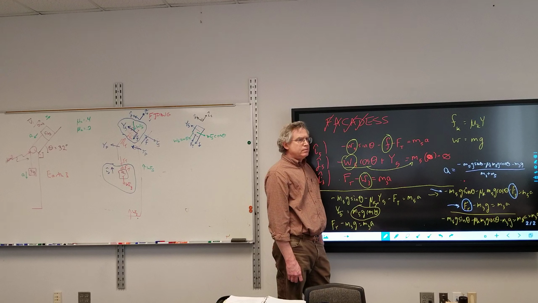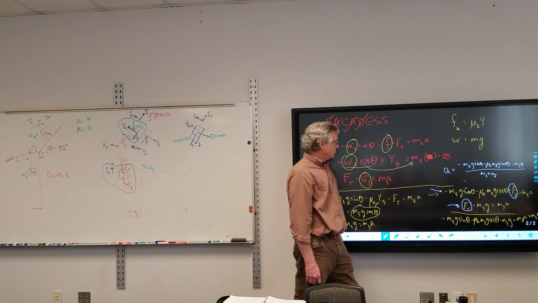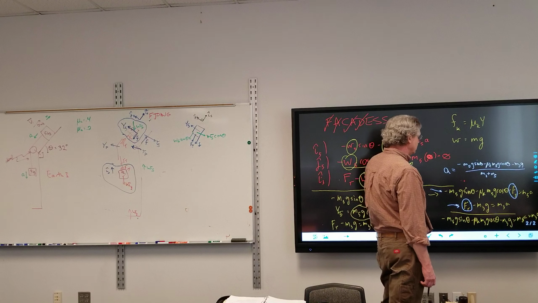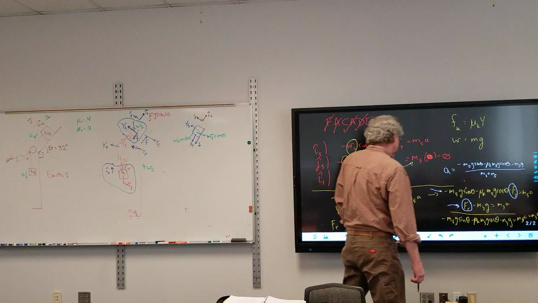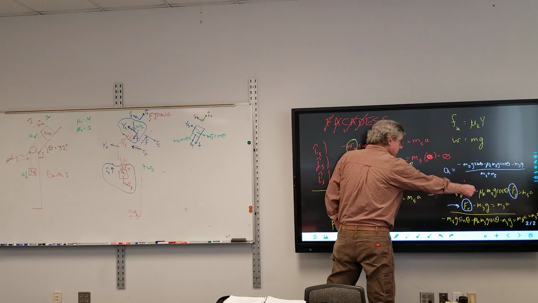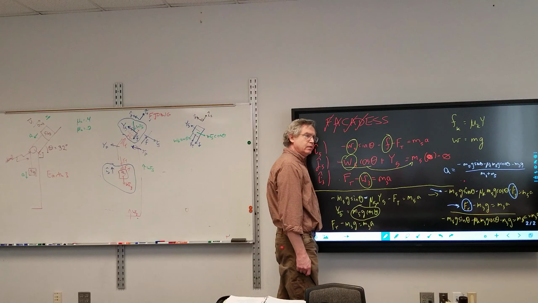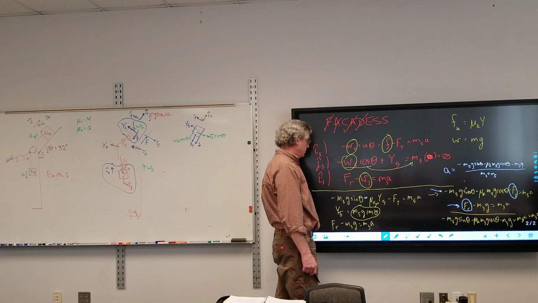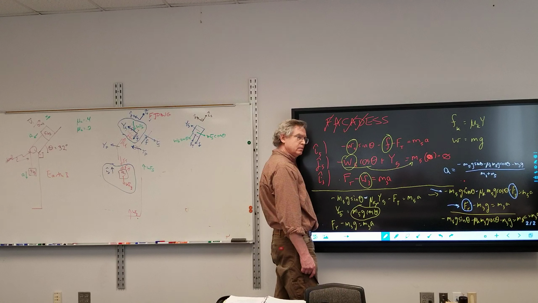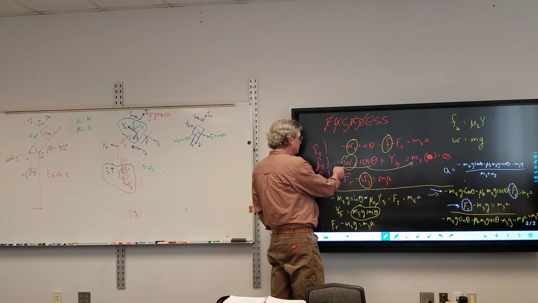Okay, wait. Why is the cosine on the top equation negative? Why is that a negative sign there? Because there's a negative sign there. We made the J5 hat positive, right?